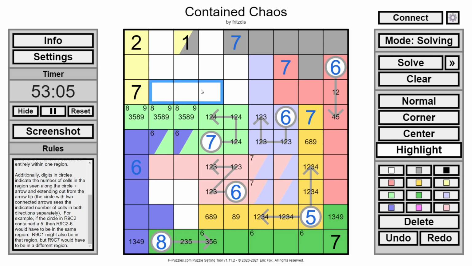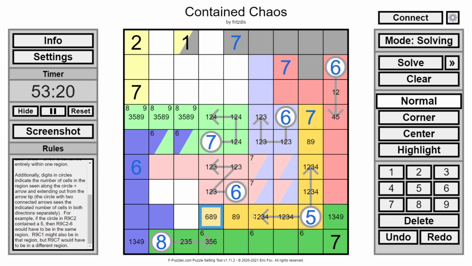Because if we put it up here, then there would only be 2 6s left for 3 regions, or one 6 left for 2 regions, since we've already claimed 1. So it must be down here. So this is not a 6. This must be the 6, which rules a 6 out of here, and a 2 out of here, 3 out of our black cell, so it's not just 1, 4, or 9, for whatever that's worth.